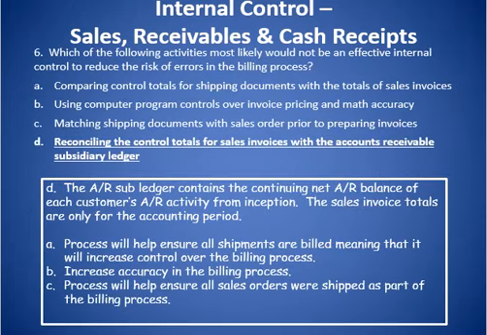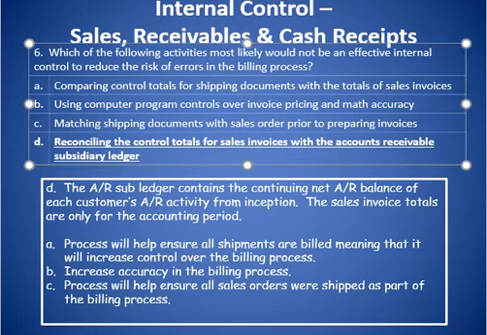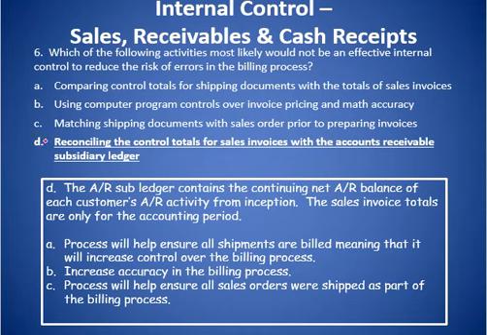Okay, number 6, which of the following activities most likely would not be an effective internal control to reduce the risk of errors in the billing process? In this case, it would be D. D, reconciling the control totals for sales invoices with the accounts receivable subsidiary ledger.